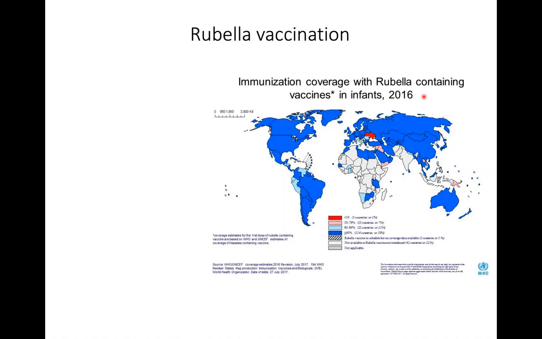So here we're looking at immunization coverage with rubella-containing vaccines in infants. This was for the year 2016. I have not looked up the latest stats to see if there's any new maps out. But you can see in the US, we're at greater than 90% coverage. So we do still have really good coverage here.